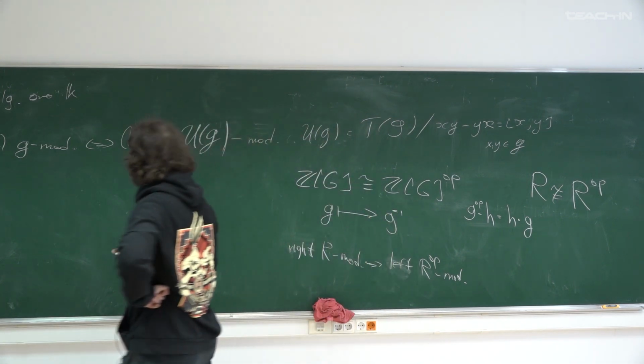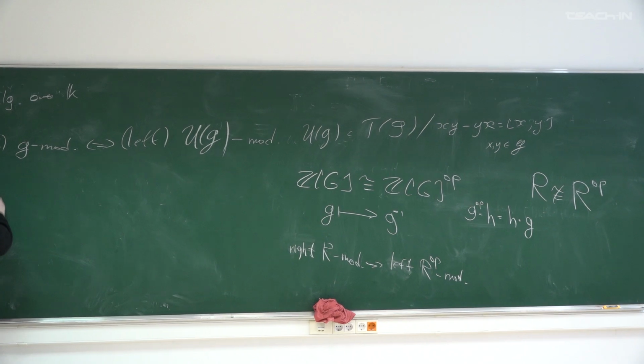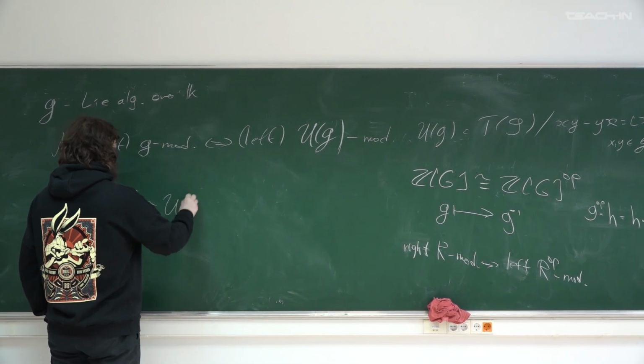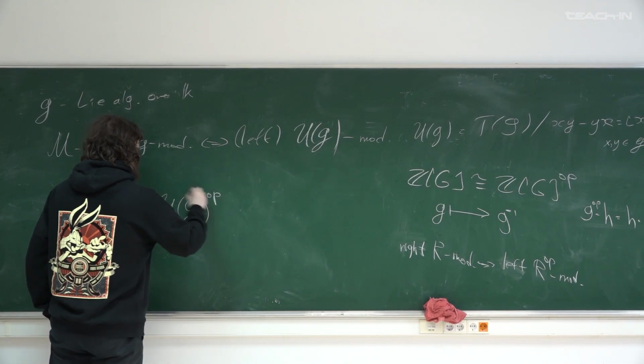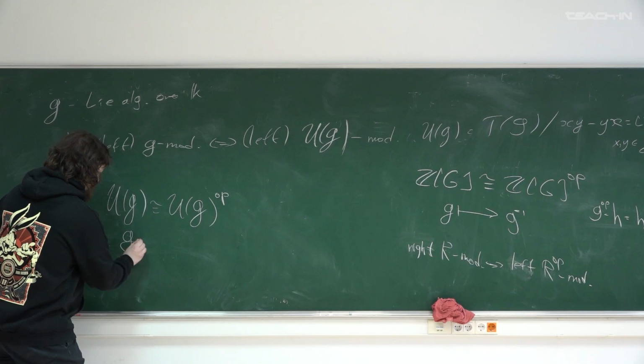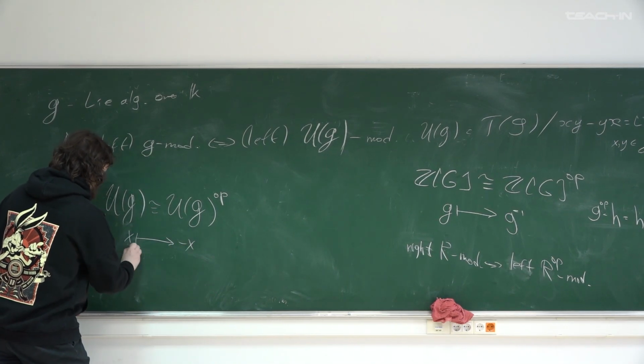The same thing is true for the universal enveloping algebra, because we have an isomorphism of UG and UG opposite, induced by the map on G which sends x to minus x.